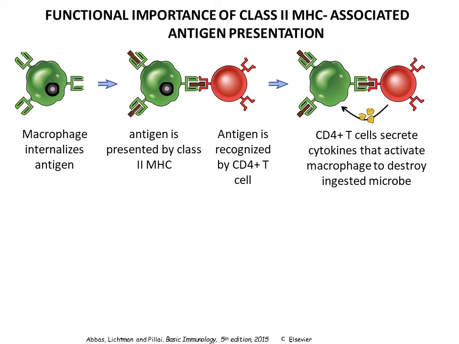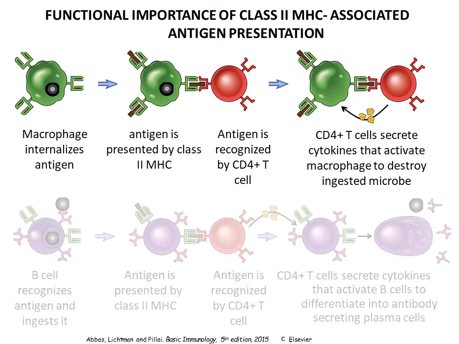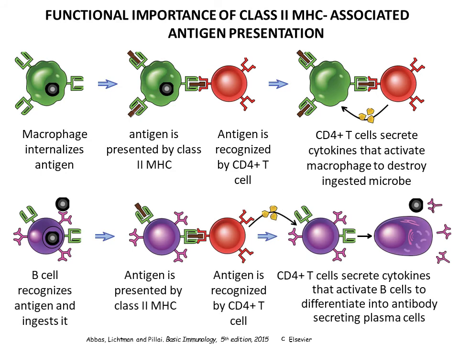CD4 T cells can also be engaged via the MHC class 2 by B cells. So when this particular antigen is seen by the B cell, processed by the B cell and presented via the MHC class 2, they will now engage the T cell.